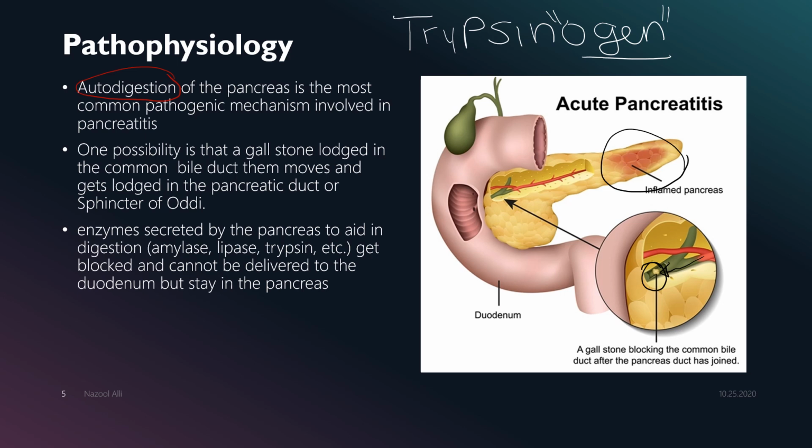Now, once it becomes activated under certain conditions, so it's exposed to the pH within the duodenum and or it mixes with the bile coming from the gallbladder, it becomes activated, and the active form is referred to as trypsin. Once it becomes active and it becomes trypsin, that's what's now going to autodigest.